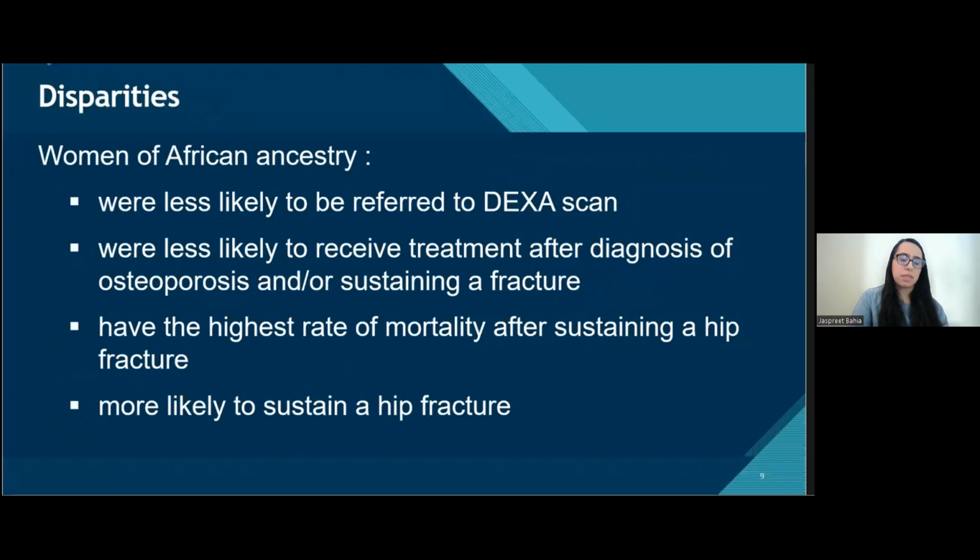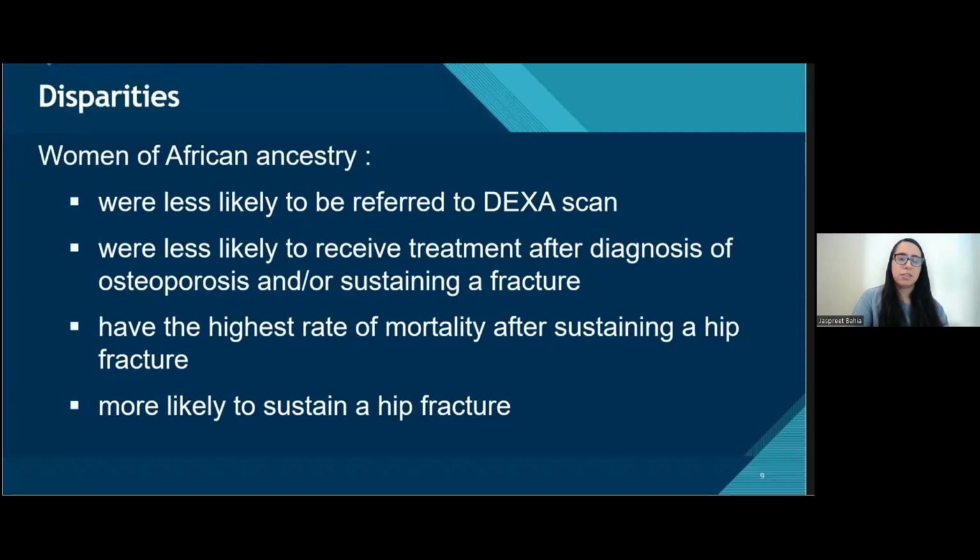One thing I will say, from the studies I've seen in the literature and the numbers I've seen, is that women of Caucasian ancestry are more likely to sustain any type of fragility fracture compared to individuals who identify as other races. Historically, women of Caucasian ancestry were more likely to sustain a hip fracture than any other group.